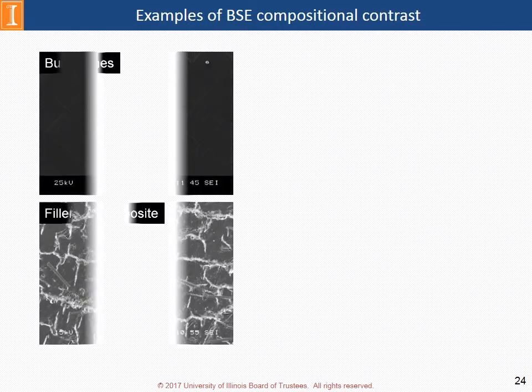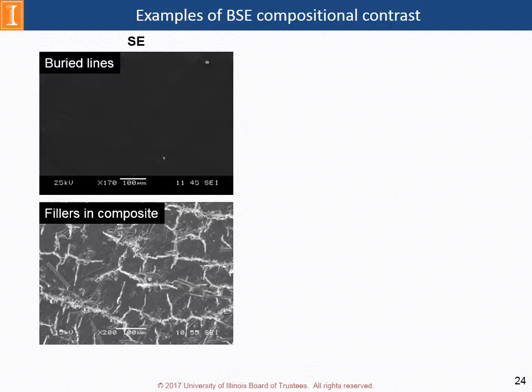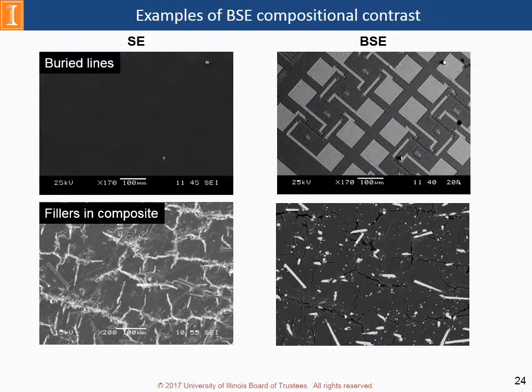Here are more examples of backscattered electron compositional contrast. These 2 are secondary electron images, showing only the surface morphology. The buried phases are not visible. These 2 are backscattered electron compositional images, where we can see these buried phases.